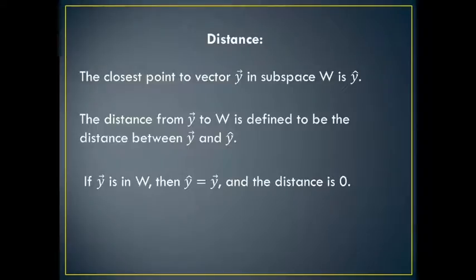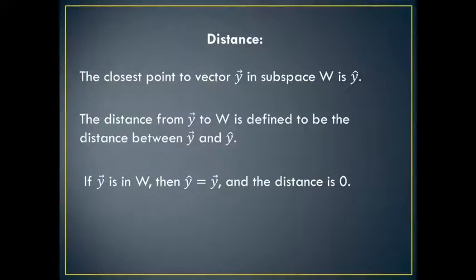Alright, one neat application of these projections is distance. So the closest point to vector y in the subspace W is the orthogonal projection y hat. And the distance from y to W is defined to be the distance between y and y hat.